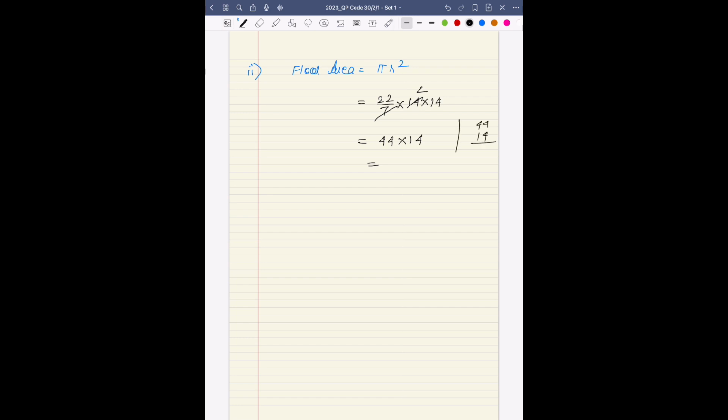I'll also multiply with you guys. I'll not use a calculator. 16, so 176, 4, 4 again, 6, 1, 616. Okay, 616 meter square is the floor area. This is easy, right? Third A. Third A says, give me the area of the cloth.